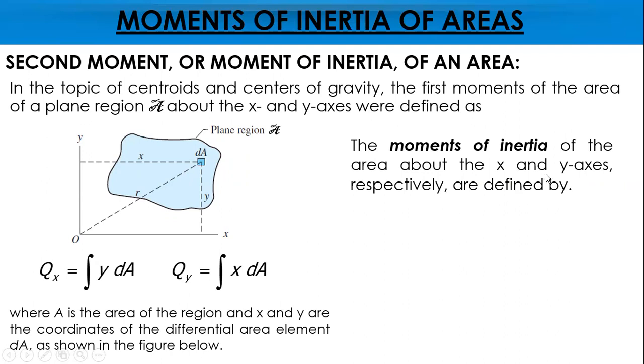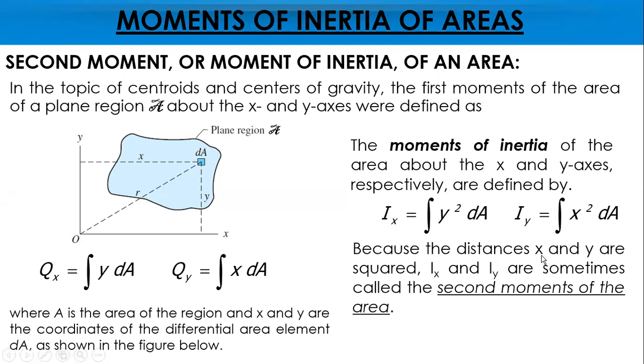The moments of inertia of the area about the x and y axes, respectively, are defined by this: I sub x, or moment of inertia about the x-axis, is equal to the integral of y squared dA, and moment of inertia with respect to y is equal to the integral of x squared dA.